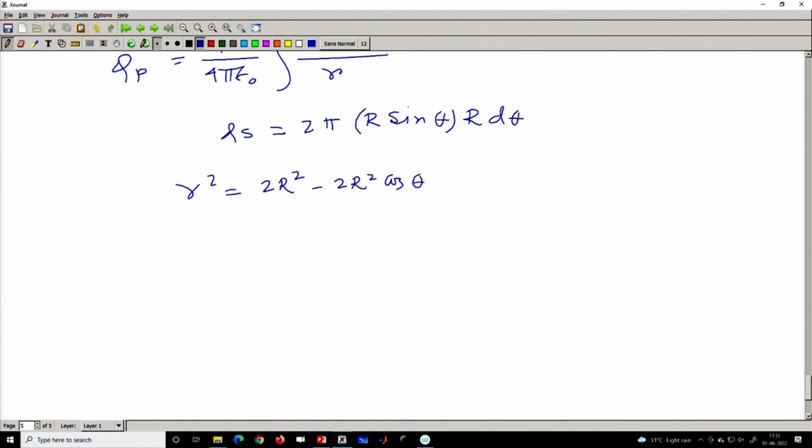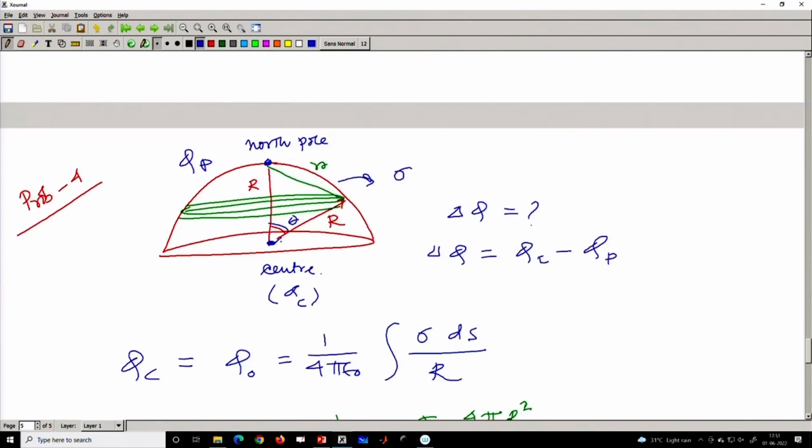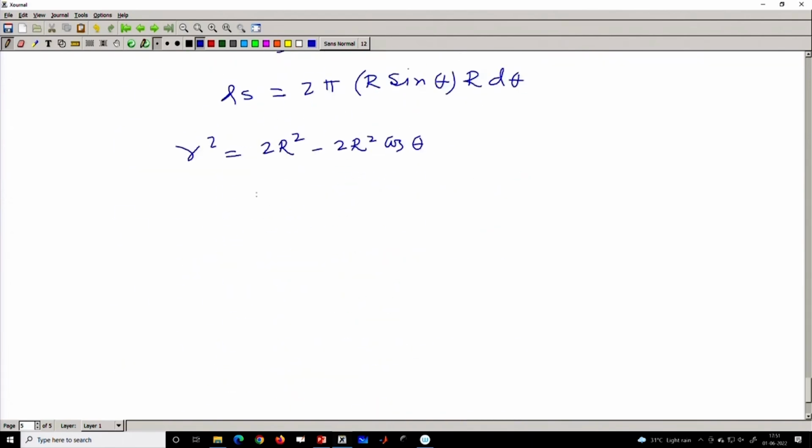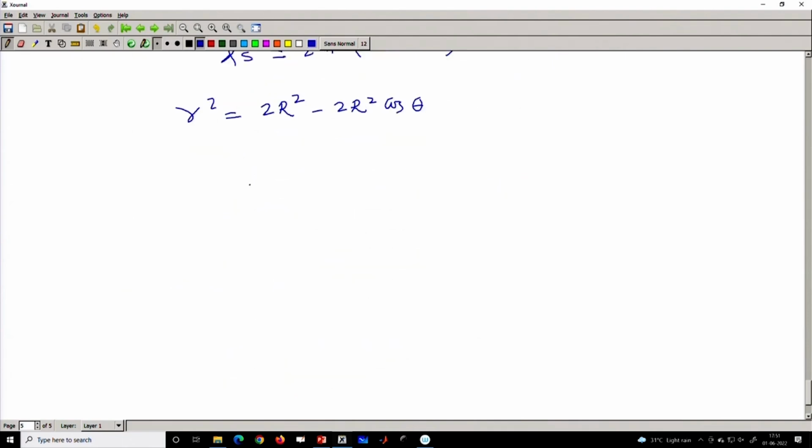It is simply r square plus r square minus 2 r into r cos theta. The angle between the two vectors is theta and the magnitude of the two vectors is r. So, for the other arm, I simply use the vector law, and this is the way one can find it. So, this is my r square. I am going to put this here and I will get the result.